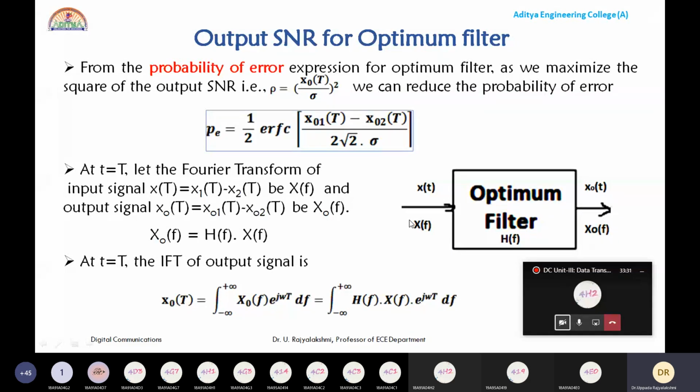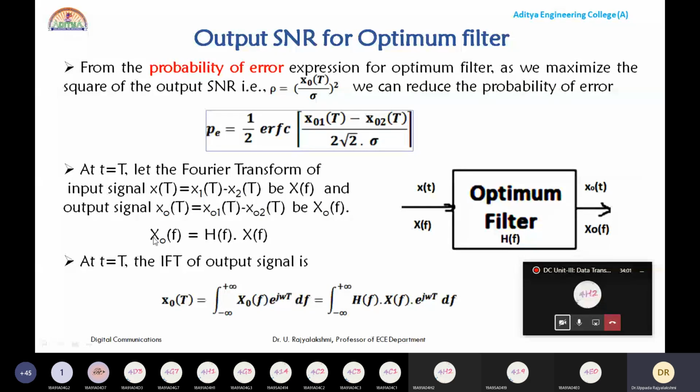That's why we can define H of f as X naught of f divided by X of f, and the output signal in the frequency domain, X naught of f, as H of f multiplied by X of f, because the convolution relationship in the time domain is replaced by multiplication in the frequency domain.